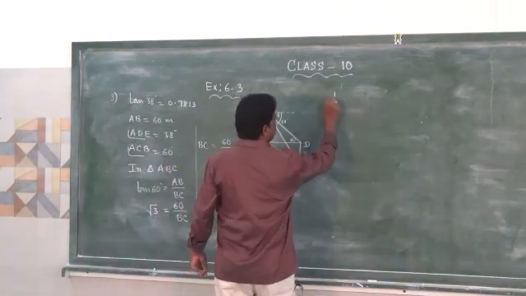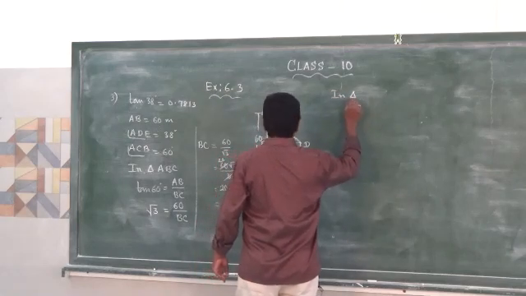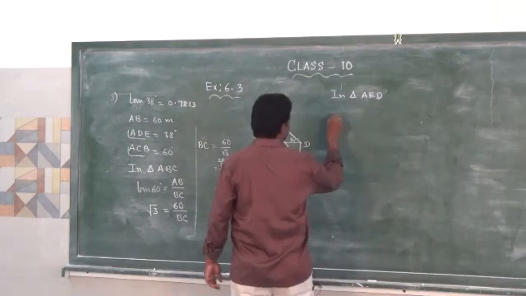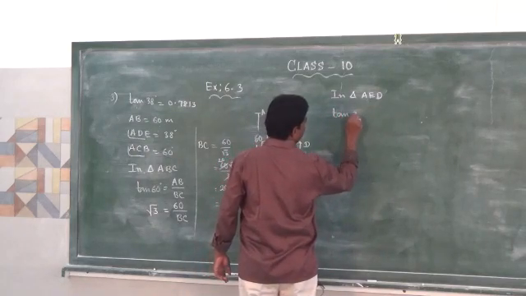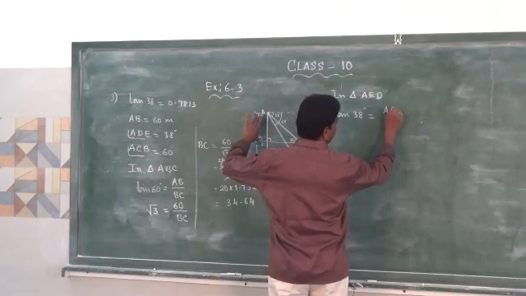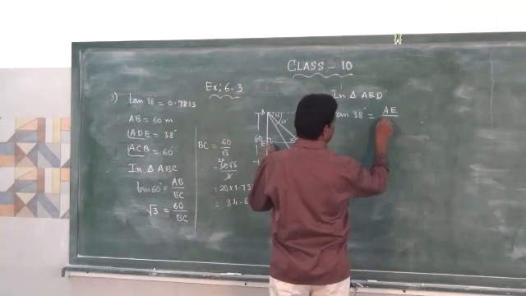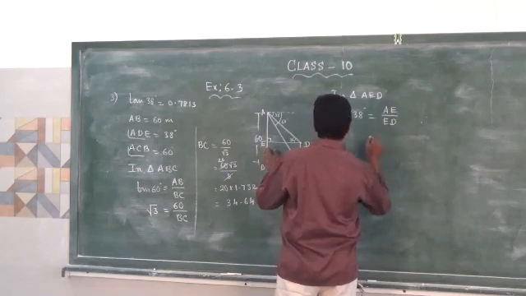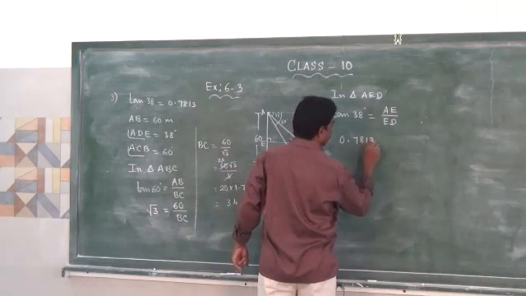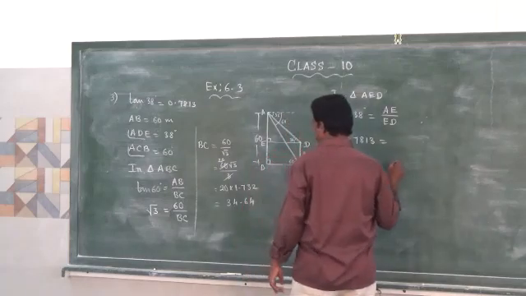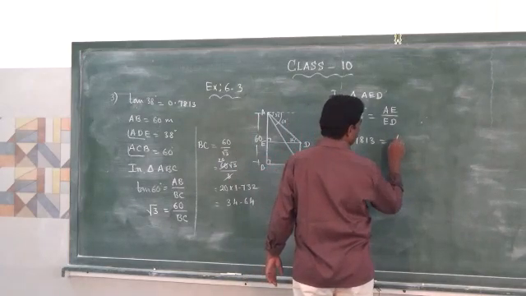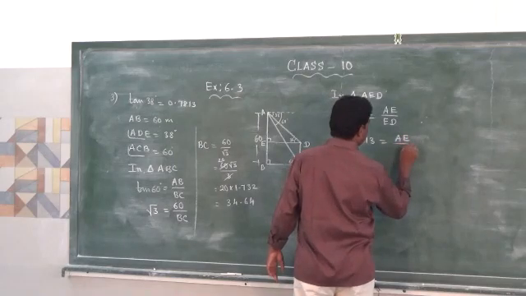Now in triangle AED, tan 38 is opposite AE by ED. Tan 38 value is given, 0.7813 equal to AE by ED.